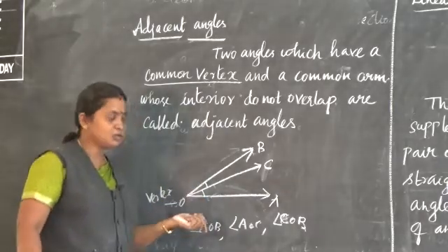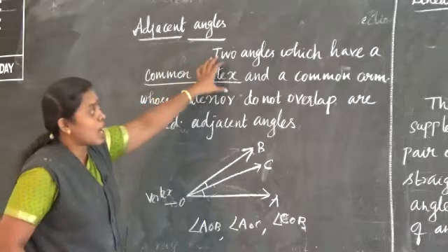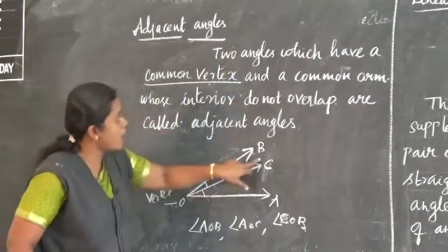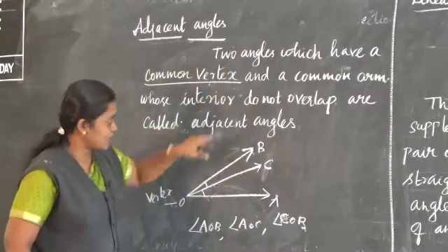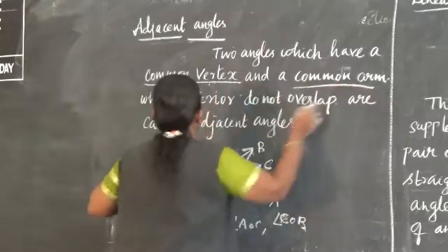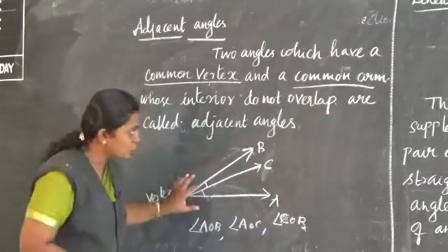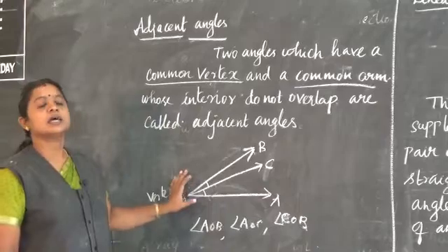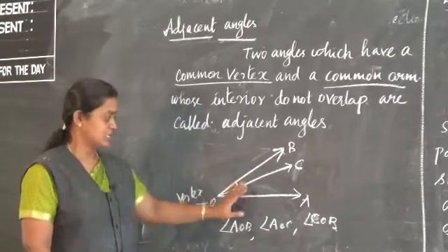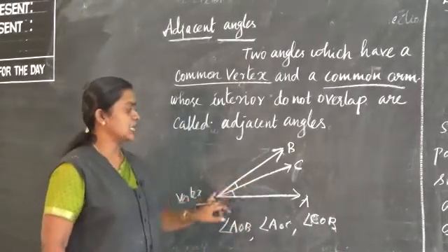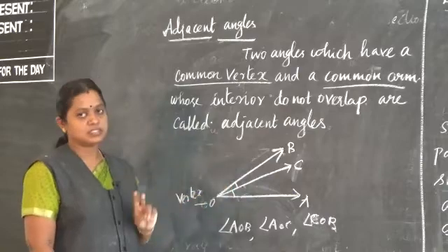Can you understand now? Two angles which have a common vertex and a common arm whose interiors do not overlap are called adjacent angles. So here AOC and COB are two adjacent angles.